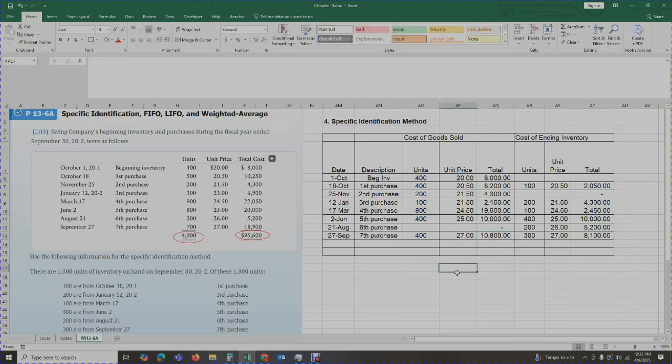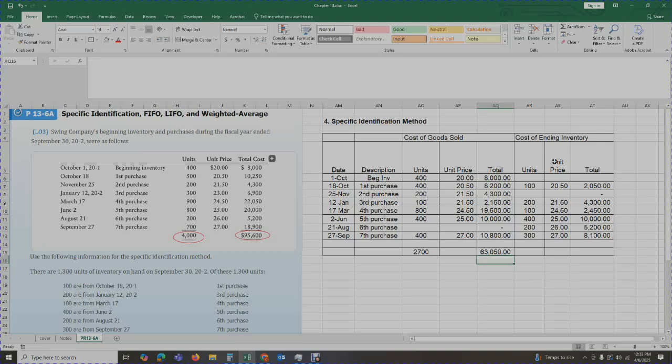Okay. So now we're going to tally it up. Remember, we need to come up with the same amounts that we had for the other two methods. Remember, we had 4,000 units. 1,300 were not sold. That is our ending inventory. That means we sold 2,700 units. The cost of those units we sold was $63,050.